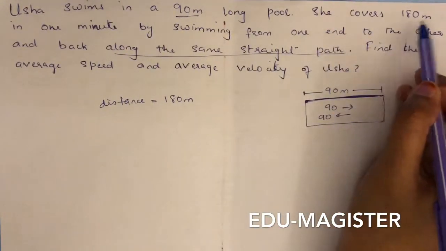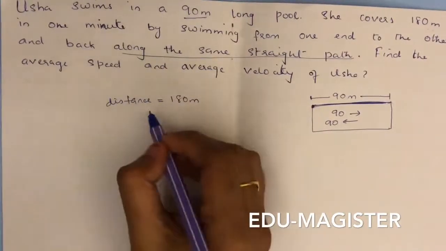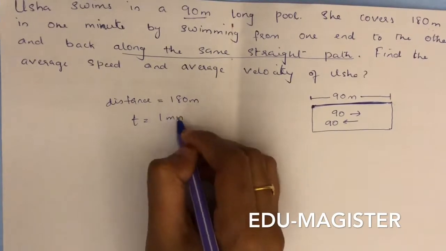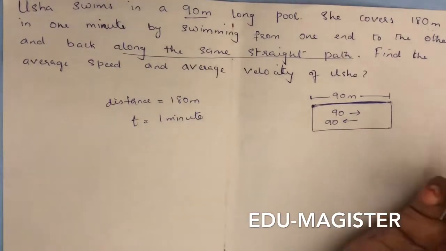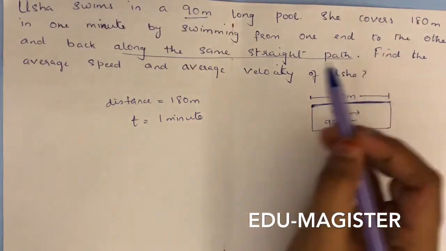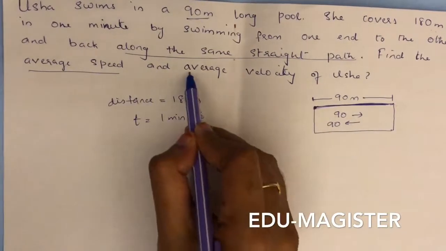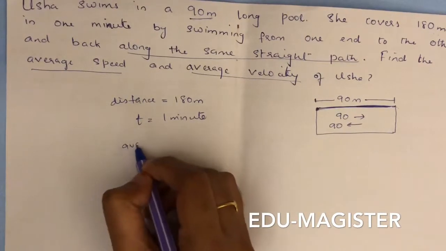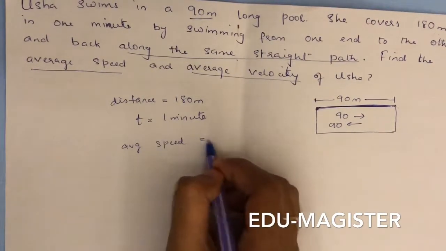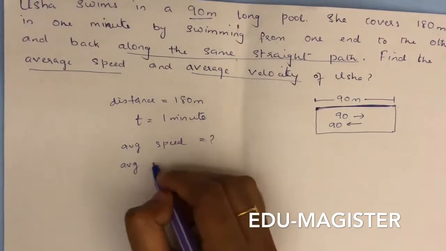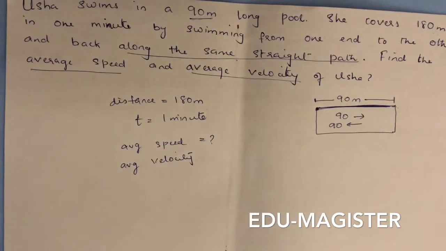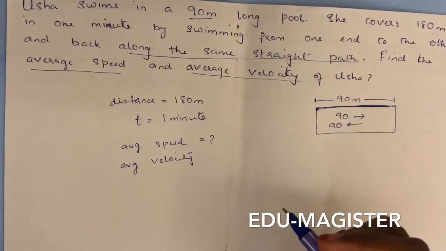She covers 180 meters in 1 minute, and we are asked to find the average speed and average velocity of Usha. Alright. Now before we begin, let's make sure that all the units are same.